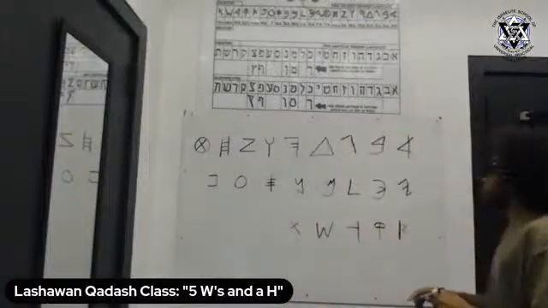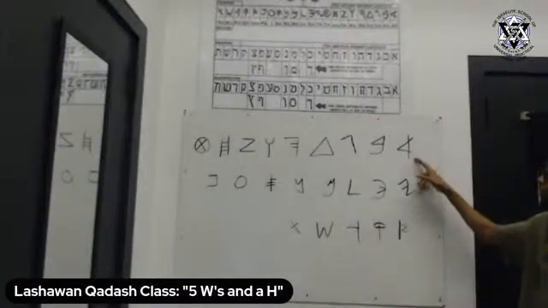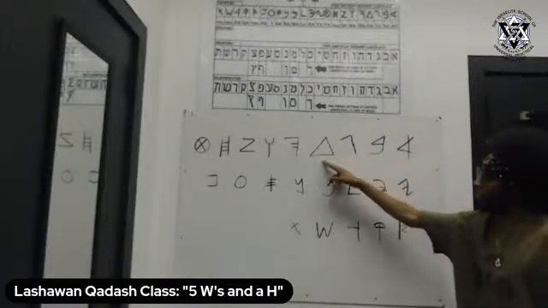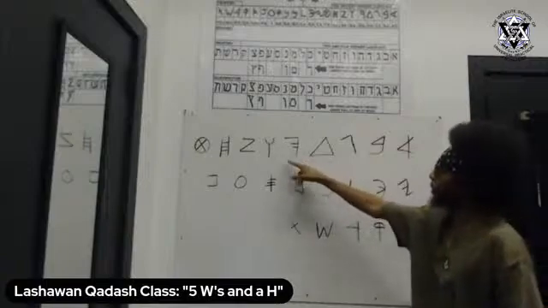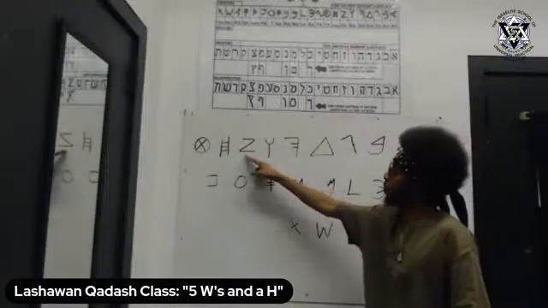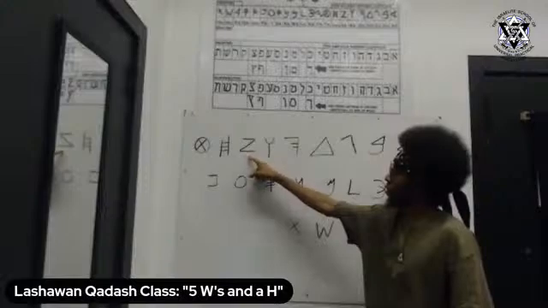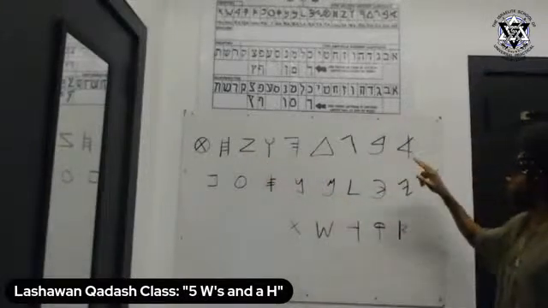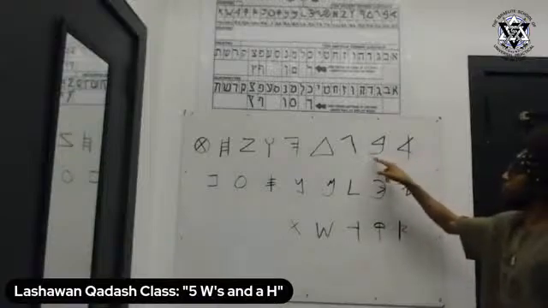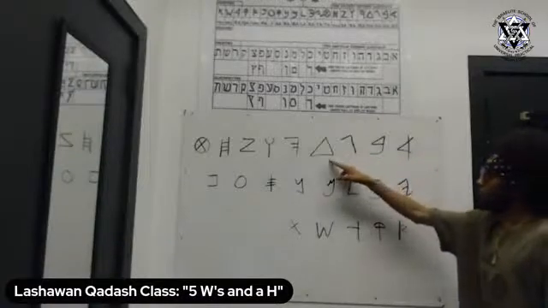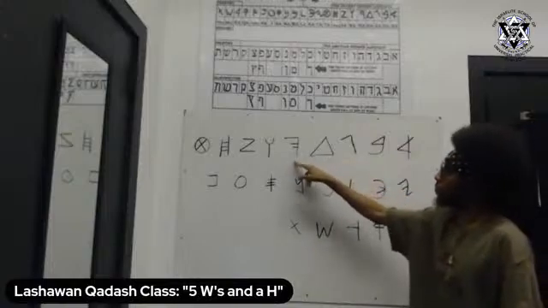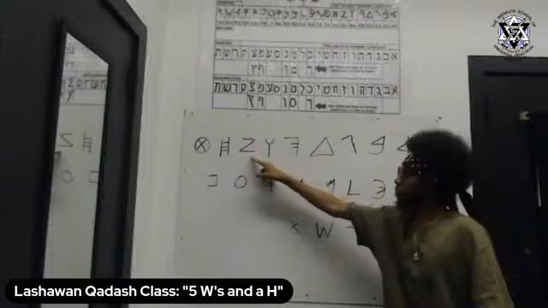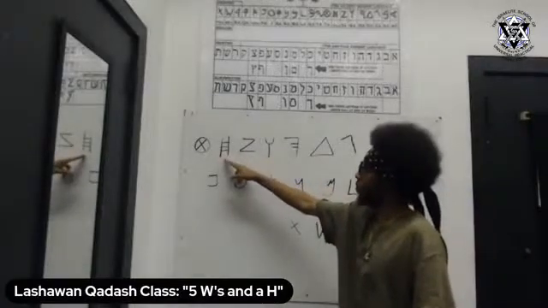So what is this right here? Ba, ga, da, ha, wa, za, ka.